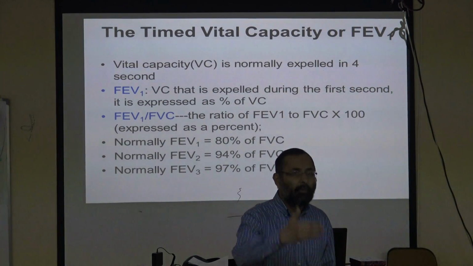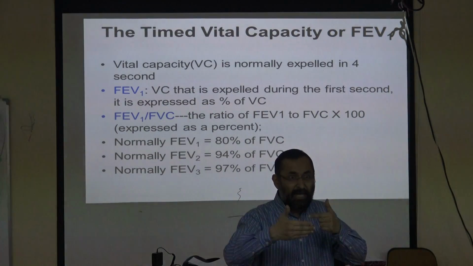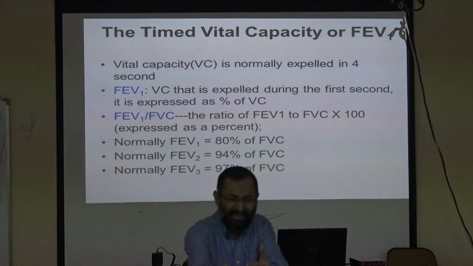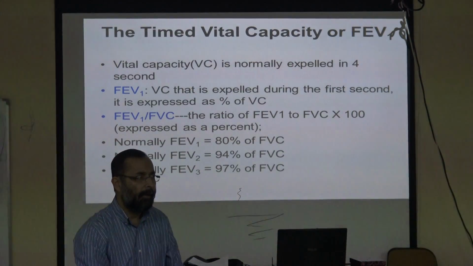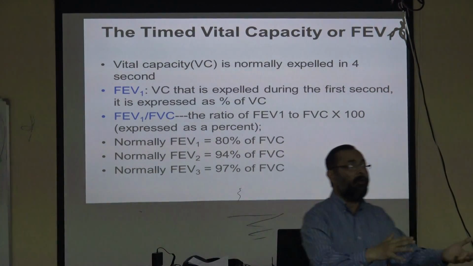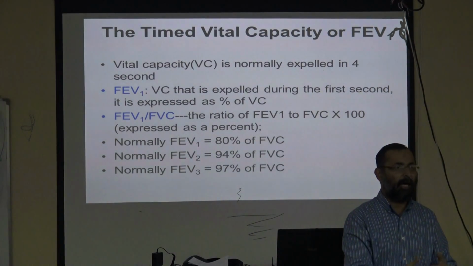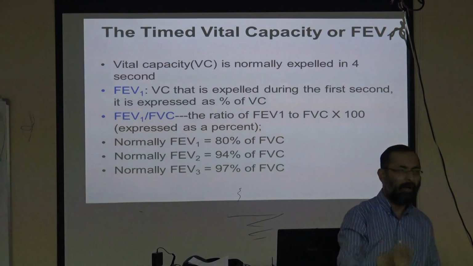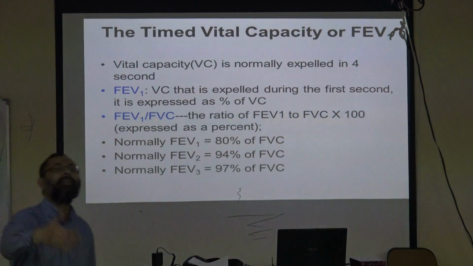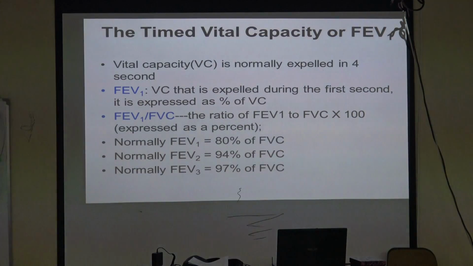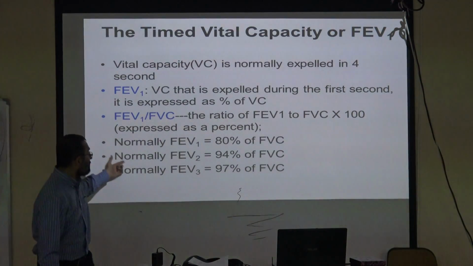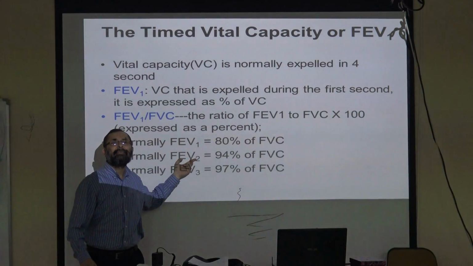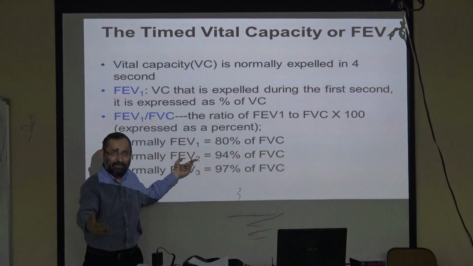This is called timed vital capacity because you are looking at the time in the first second, or the second second, or the third second. If your 3 liters out of 4 are coming in the first second, how much is left? 1 liter. This 1 liter is divided into the other seconds of my vital capacity. Okay? And FEV2 means the second second.